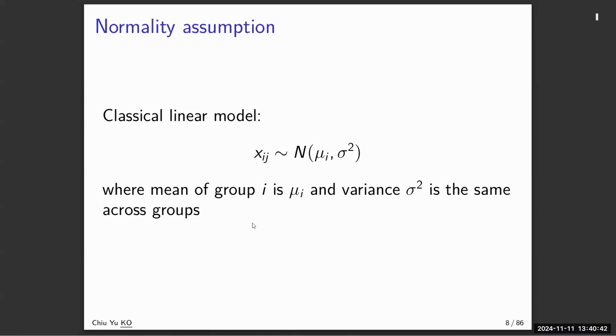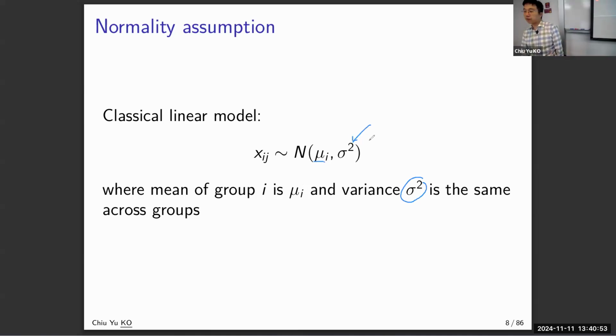Do note that they have the same variance here, the same variance here, the same variance here. They have different means but the same variance. It is the same as I said for the t-test: across groups we have the same variance, but I want to see whether the means are different or not. So that is the main idea behind this.